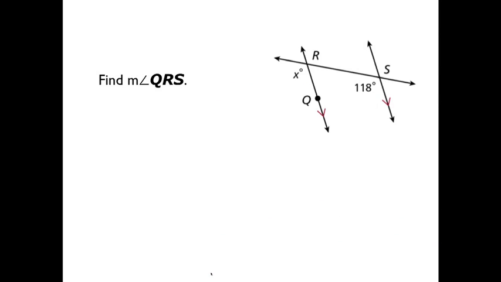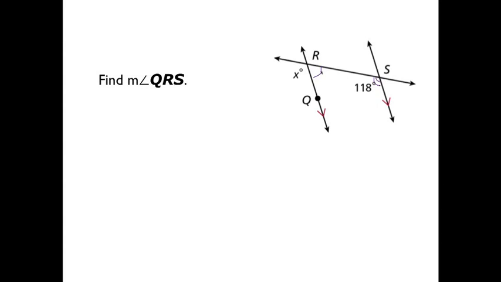Here we want to find the measure of QRS. So we're trying to find this angle right here, QRS. What we know is that these two lines are parallel. This angle here, 118, is not congruent to QRS because it's on the same side of this transversal, but it's also in the interior. So that makes these two angles consecutive interior angles or same side interior angles.